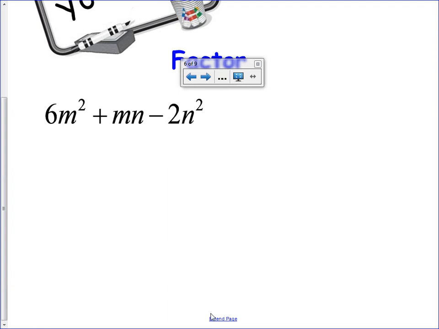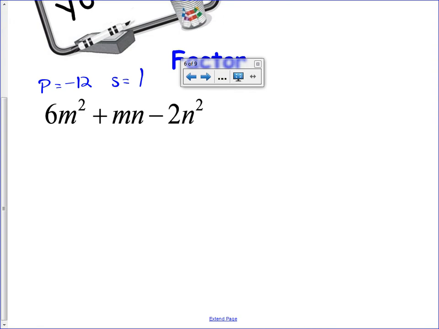So, I have to find two numbers that multiply to what? What is my product here? Two numbers that multiply to negative 12 and add to, gentlemen, not 3, 1.